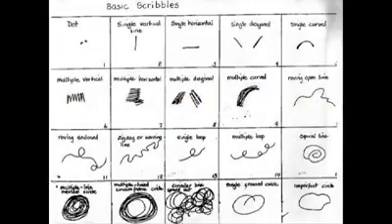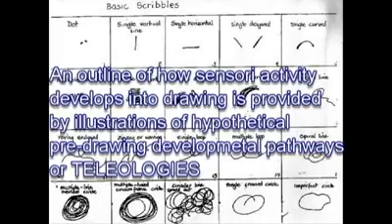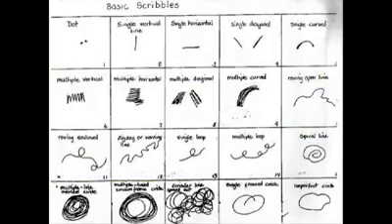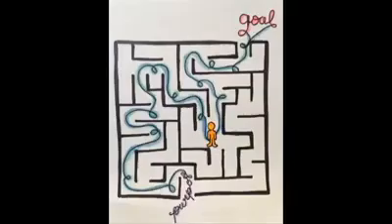An outline on how sensory motor activity develops into drawing is provided by illustration of hypothetical pre-drawing developmental pathways or teleologies. These teleologies represent an ageless, stageless system with a map-like structure that represents multiple pathways of artistic development.